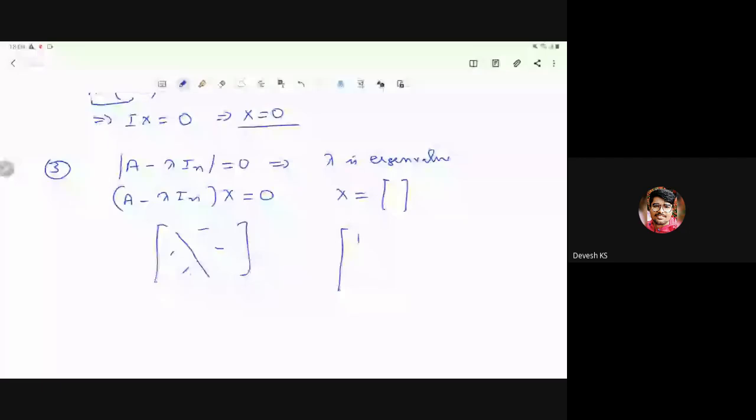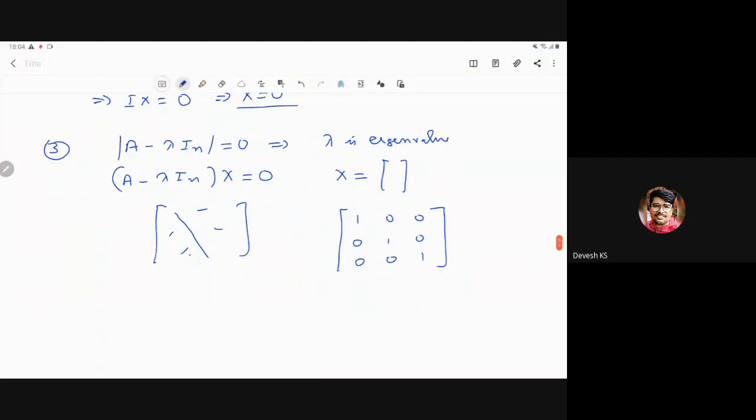Now see this matrix 1 0 0, 0 1 0, 0 0 1. So what is the characteristic equation for this? Means this equation: 1 minus lambda, 0, 0; 0, 1 minus lambda, 0; 0, 0, 1 minus lambda.